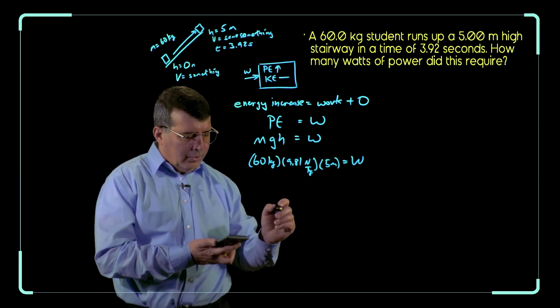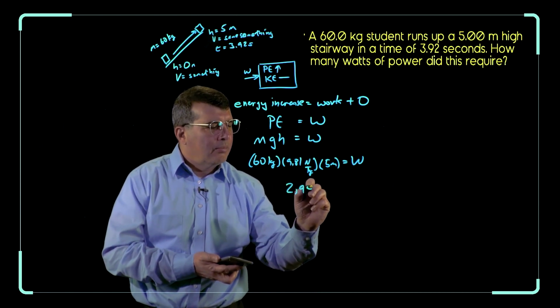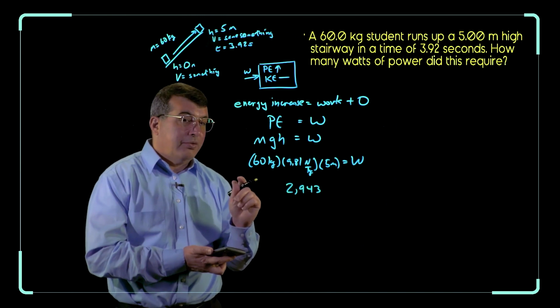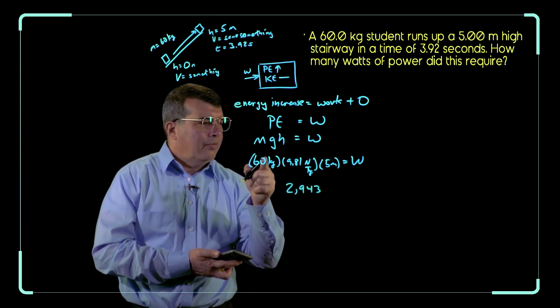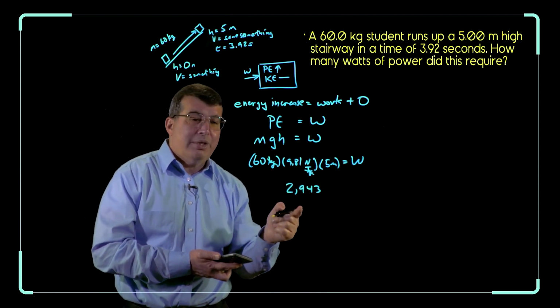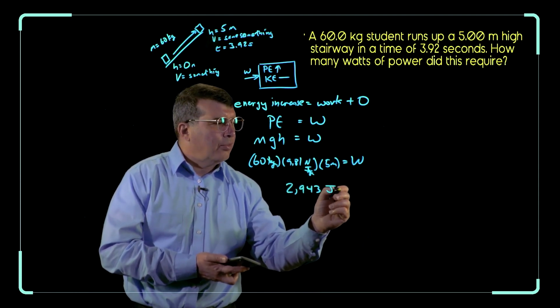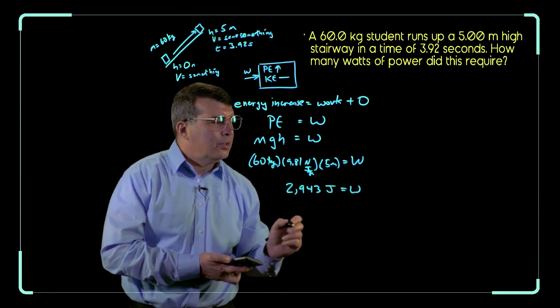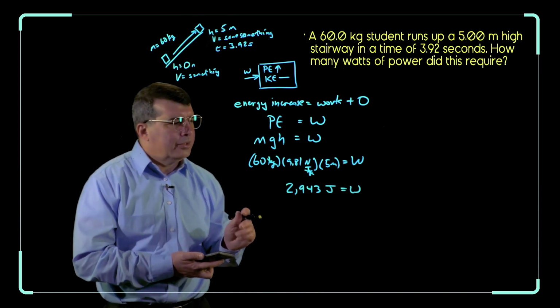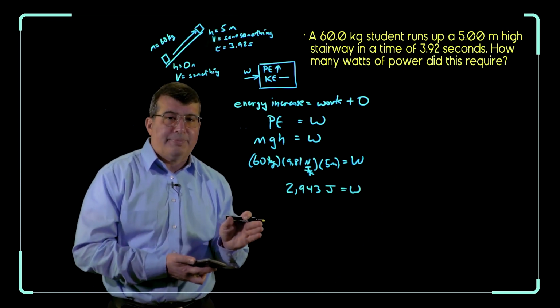Okay, and that's 2,943. We have kilograms, our kilograms cancel out, and we have newtons times meters. That's a joule, so 2,943 joules is the work done.